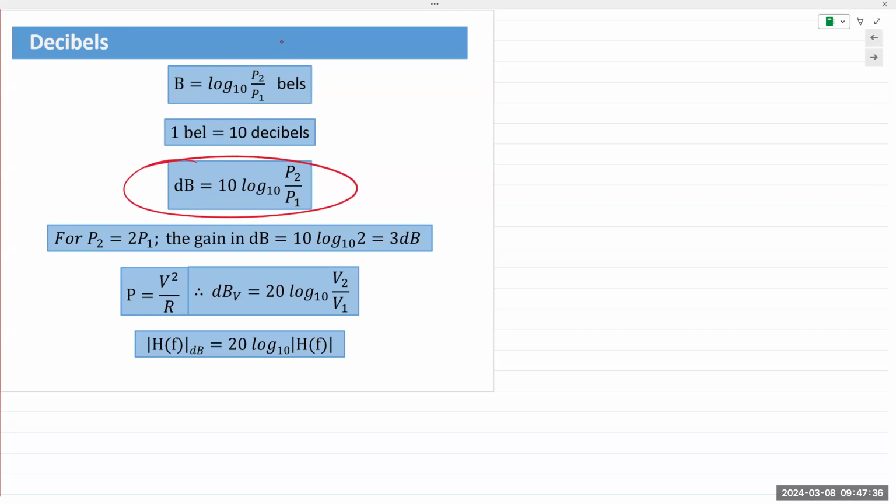And it makes it easy for engineers to describe the gain in decibels, because, as an example, if P2 is twice the power of P1, the gain in dB is just 3. It's just 3 decibels.